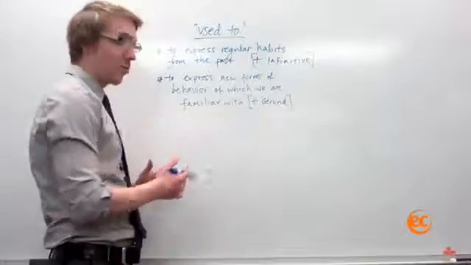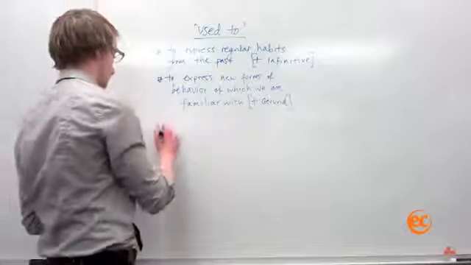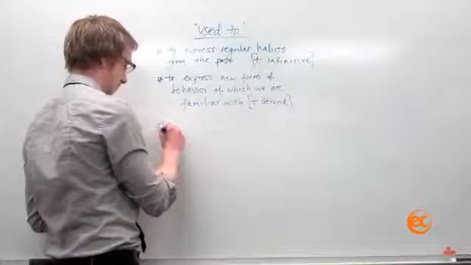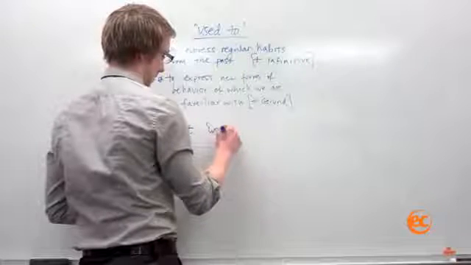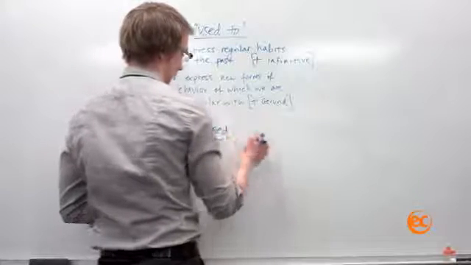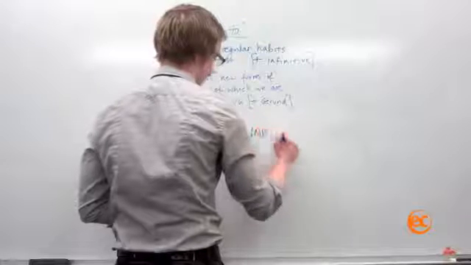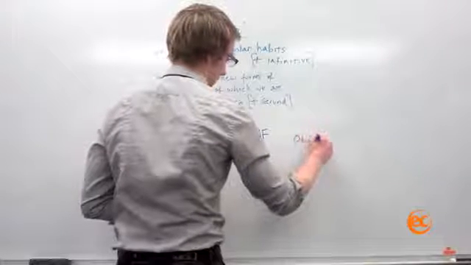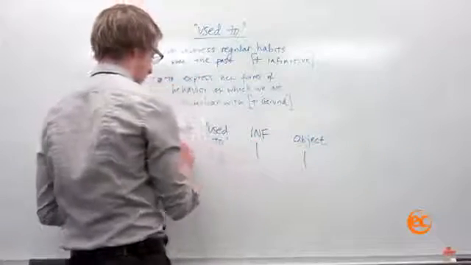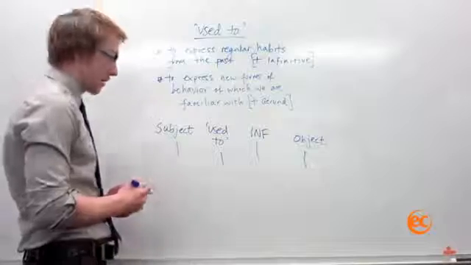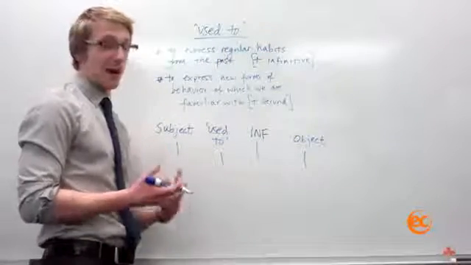So let's go to the whiteboard and we can look at a formula to help us. First we'll take our subject, and this can be anything, but often we're talking about ourselves.